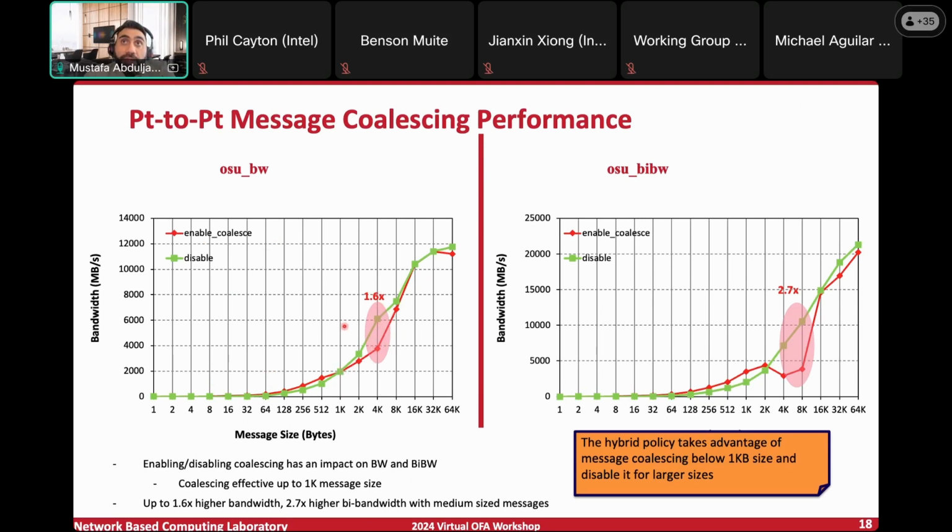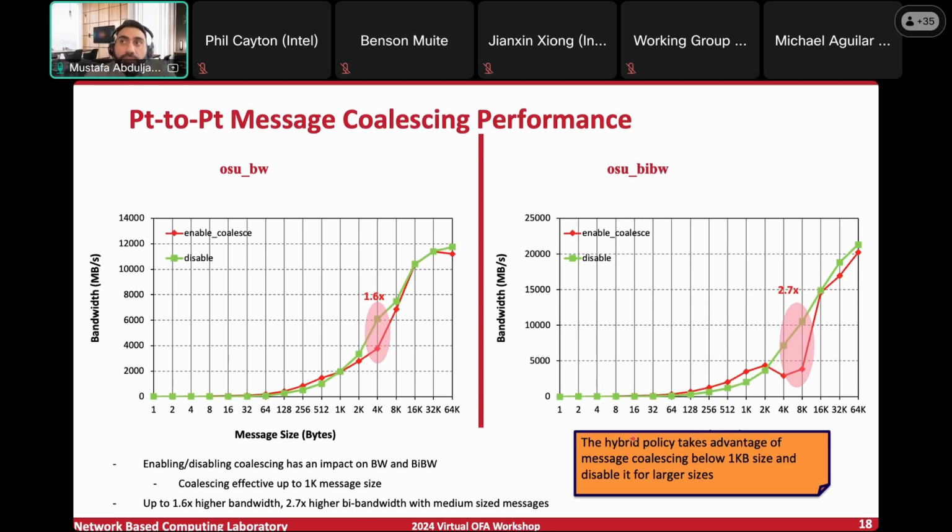So there has to be an automatic way to switch between when you use coalescing versus when you avoid using it. So we have tuned the limit for using coalescing to increase bandwidth as well as bidirectional bandwidth, as we also see a degradation here of 2.7x for bidirectional bandwidth when coalescing is enabled indefinitely.